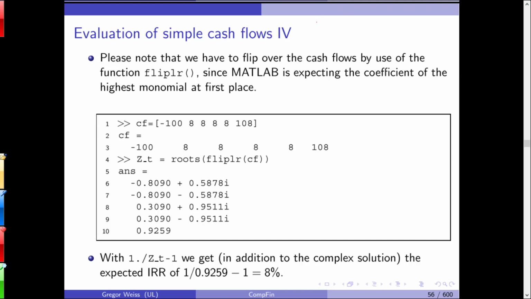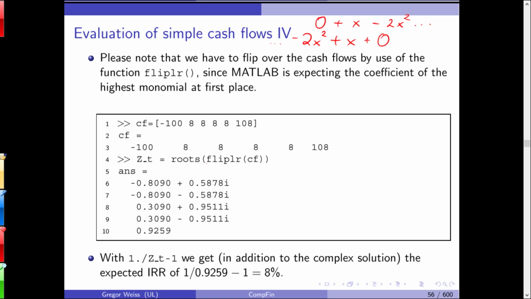So it will not look like this and so on, but actually polynomials are written in this form: plus x plus 0. So we need to flip the vector from left to right. That's done here. Zt is given by the roots, the zeros, of the cash flow vector, flipped from left to right.